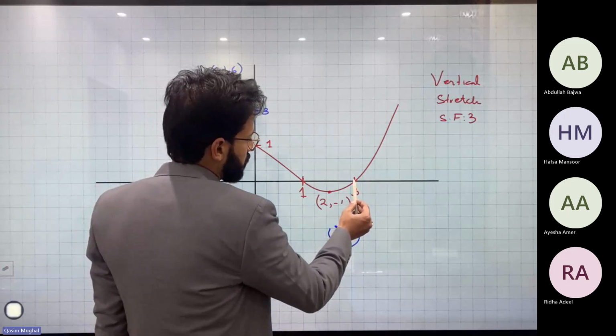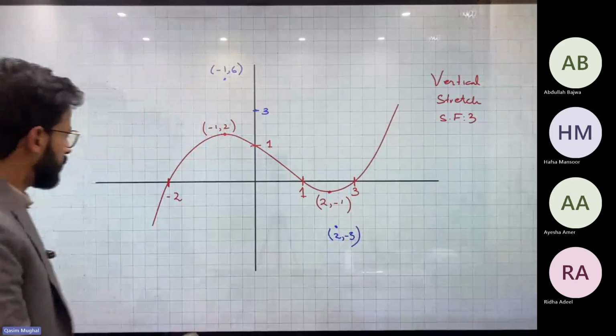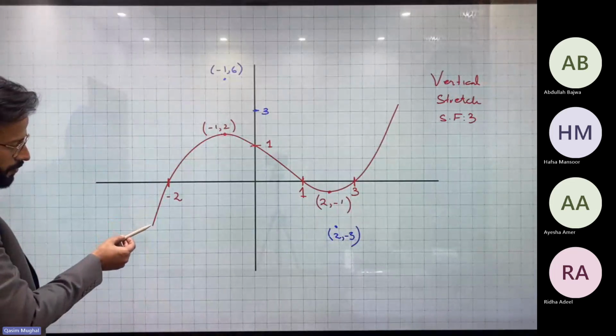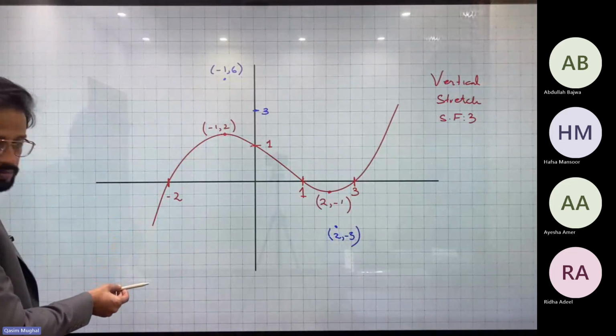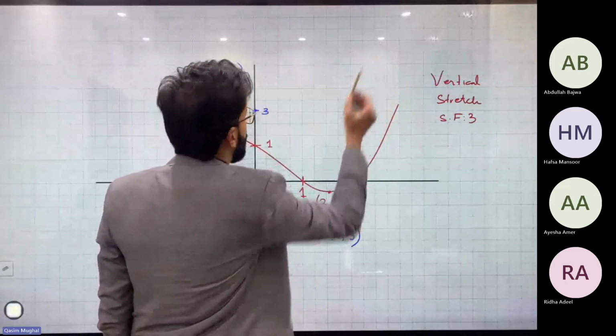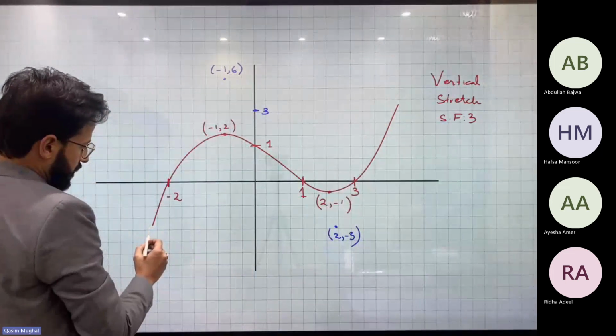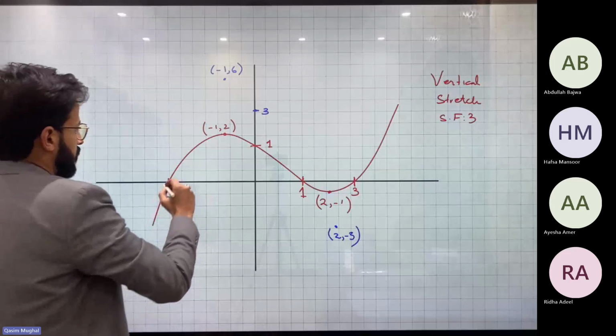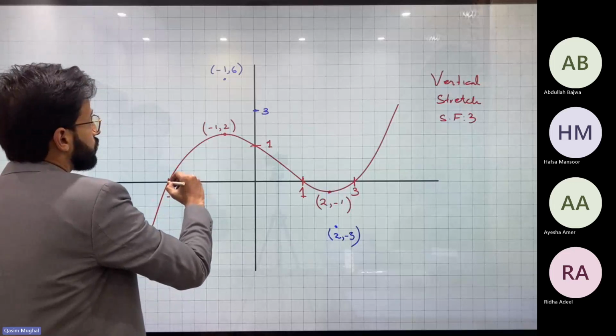This point is on the invariant line as well, so we should do. Just if you focus here, this point shall move down, and this point shall move up. We don't know exactly what point it is, so we are not worried about it. So let's just start from the obvious points.